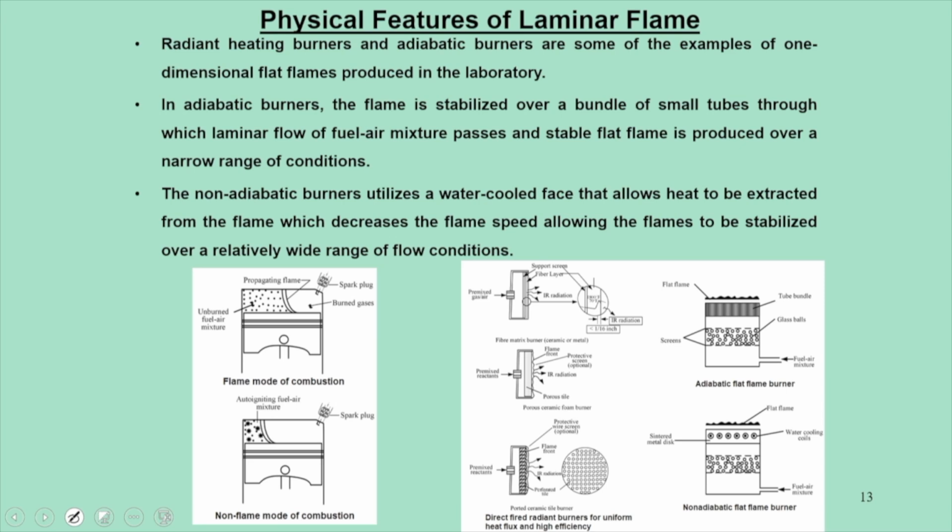So now other features of some laminar flame which replicates the similar phenomena, they are also seen in radiant burners. So this is with respect to engine, but this is with respect to burner applications.